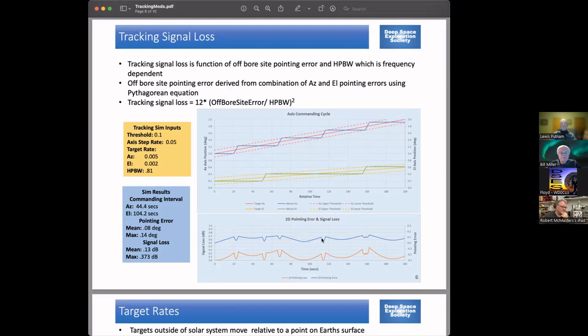Because the azimuth and elevation target rates can be different, this diagram will differ, but the basic scallops, short and long, will be in all of them.